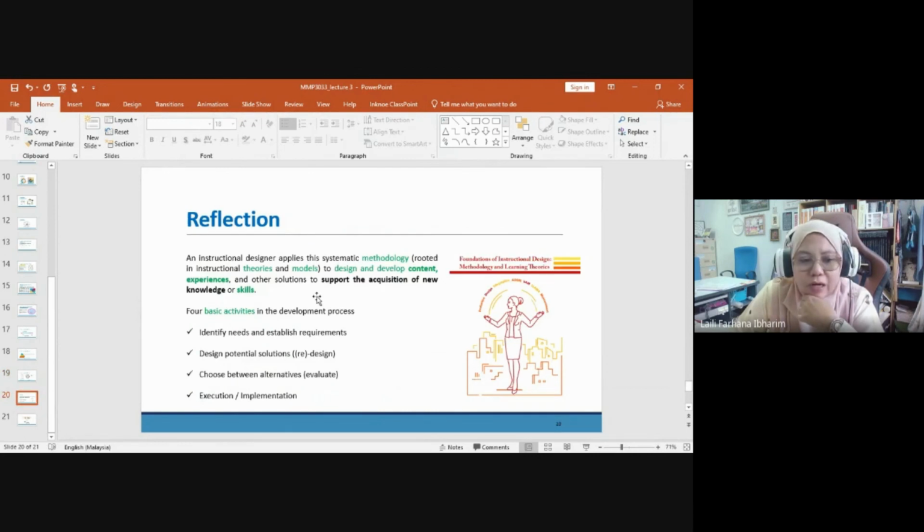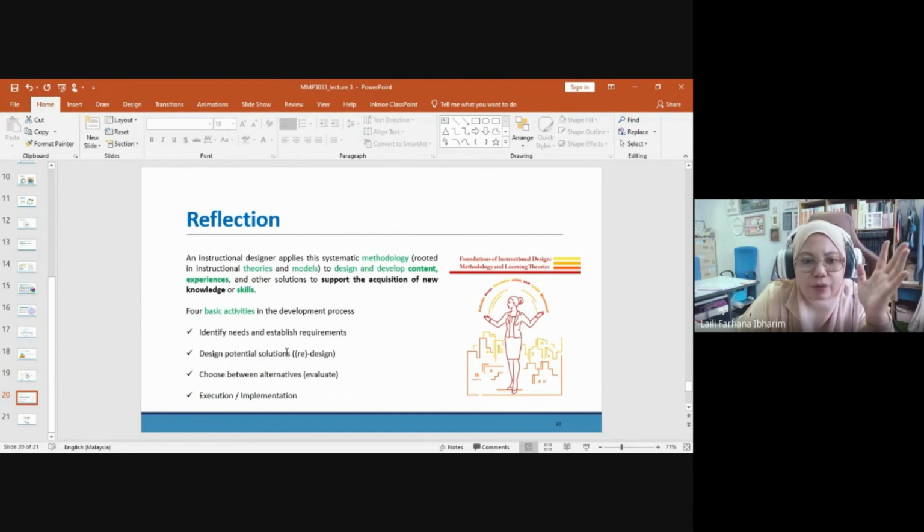Okay, so as a conclusion, from the many models that we learned today, there are actually four basic activities in the development process or in the instructional design that we have to focus on. First, identify needs and establish requirements. That means we have to identify our target users, the content, the capabilities and background of our students, and the requirements of the courseware or the product.